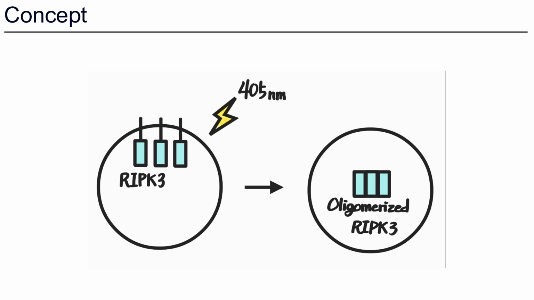And flow cytometry analysis is proper to check how many cancer cells died by necroptosis.